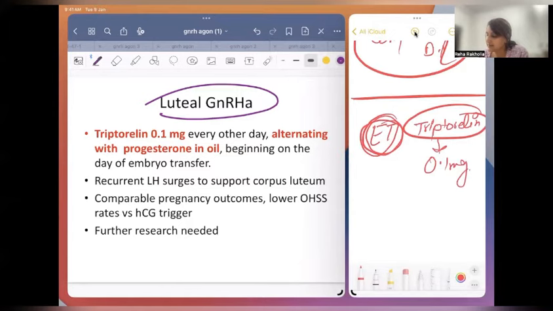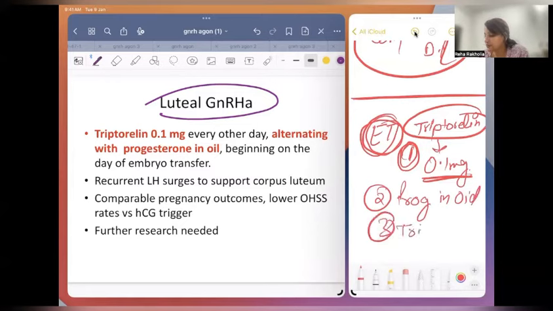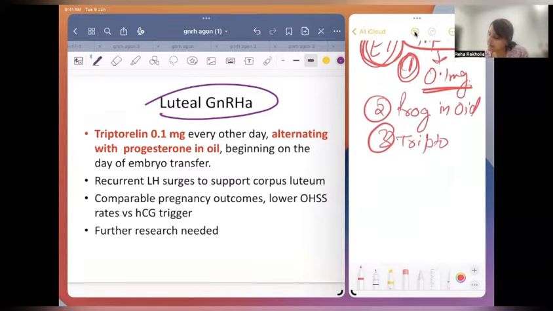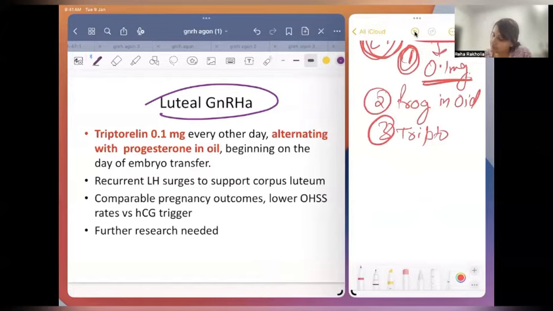First day triptorelin 0.1 mg, second day progesterone in oil, third day again triptorelin, alternating with progesterone in oil beginning on the day of embryo transfer.